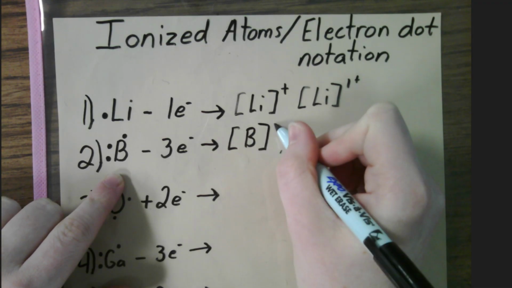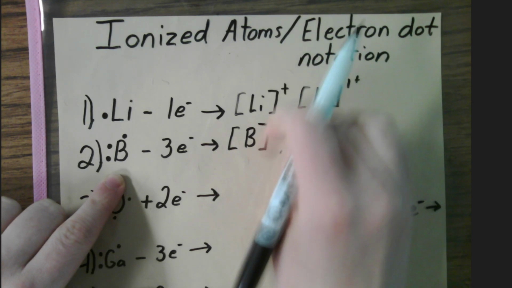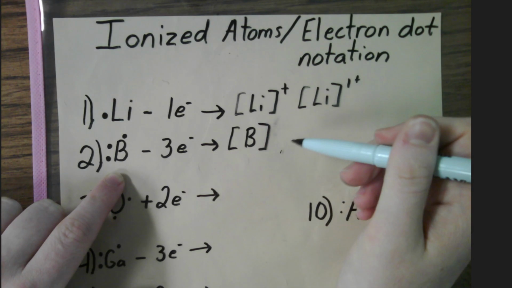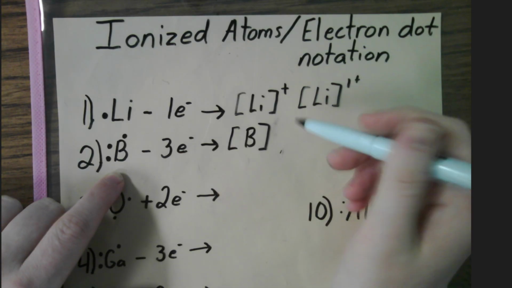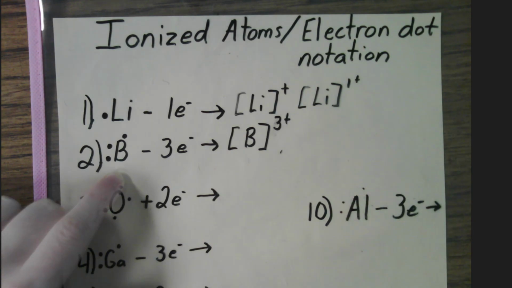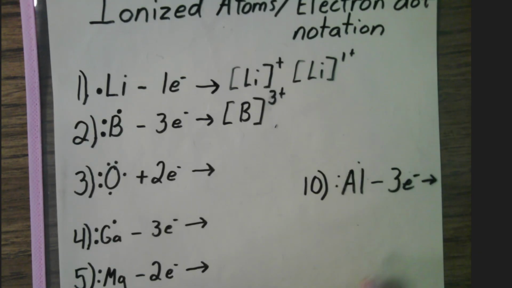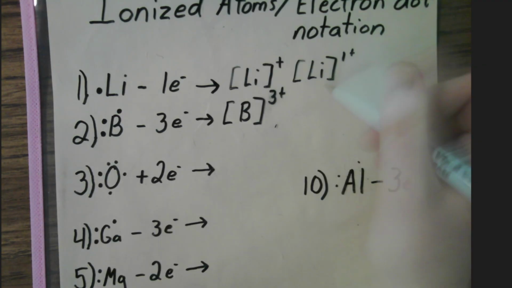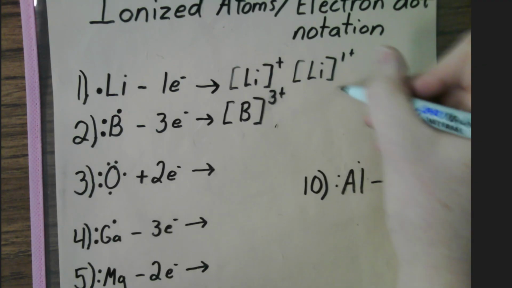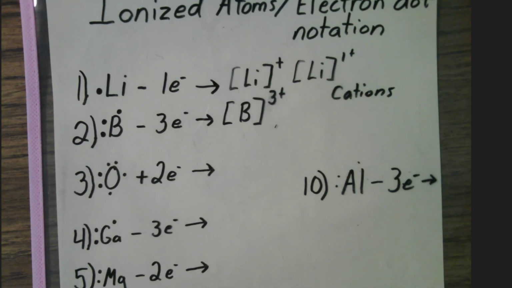But because we didn't just get rid of 1 electron, we got rid of 3, we're going to do a 3 plus. And that's the notation for ionized boron. Both of these so far are known as cations because they are positively charged.